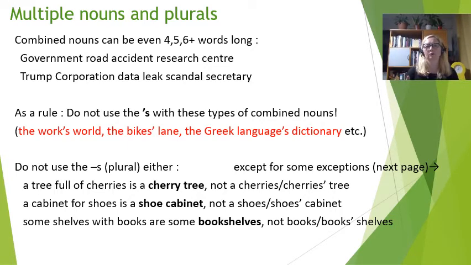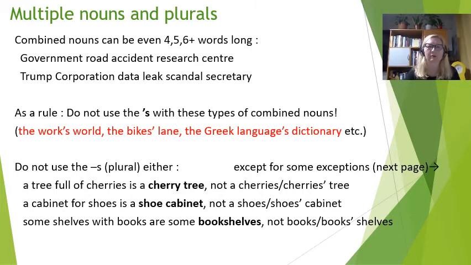So in English, a lot of times you can just put these together and it's shorter than it is in Italian. Okay, however, do not, I repeat, do not use the apostrophe S with these types of combined nouns. So don't say the works world, well, not even these, I mean, but all of the ones I've explained previously.